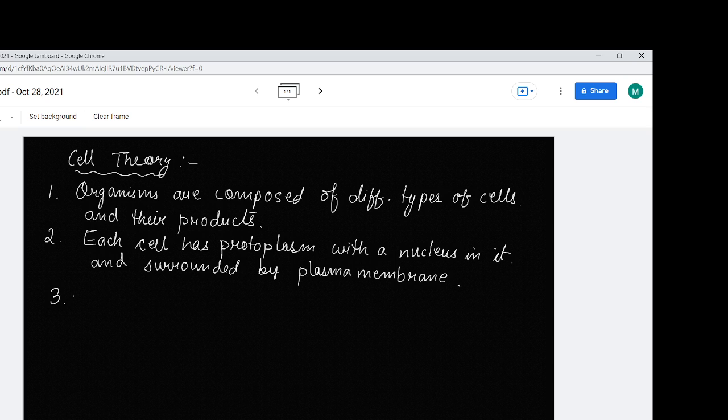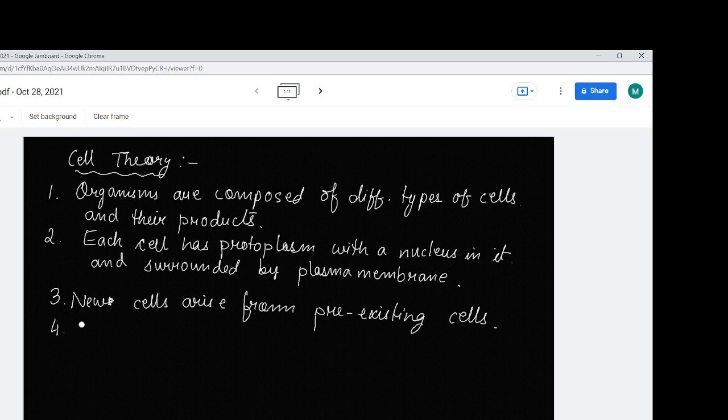Another point is new cells arise from pre-existing cells.